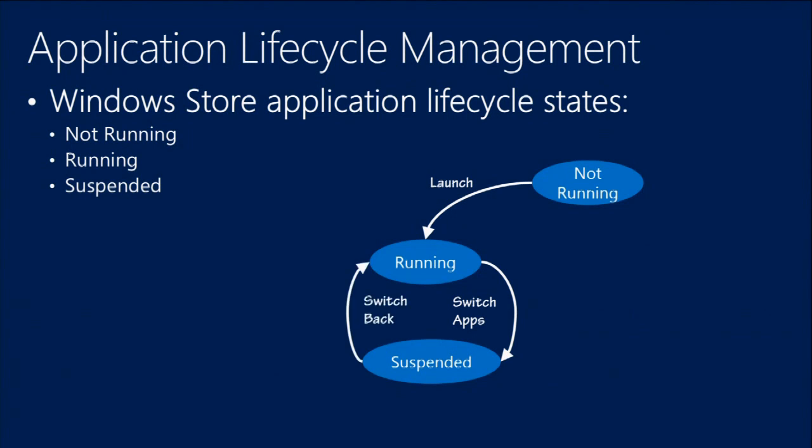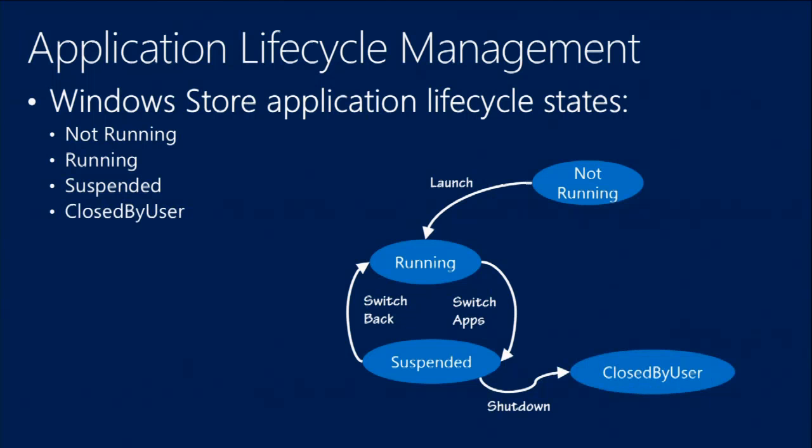If the user switches back to it, then it just starts running again. Basically, it gets threads again. It figures out where the stack pointer was before, and it just resumes running. And there's not even any events that fire in your app when that resumption happens. Now, where things get a little trickier is, first off, the user can naturally close the app. If you weren't aware, in the early betas of Windows Store apps, they initially didn't have any way to close a Windows Store app.